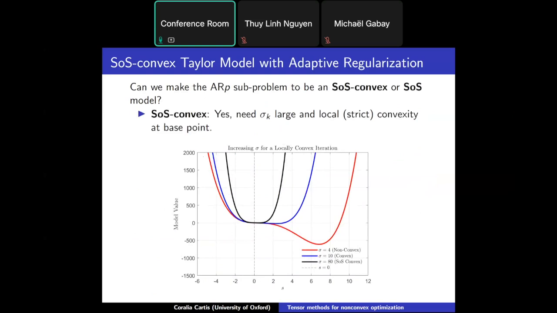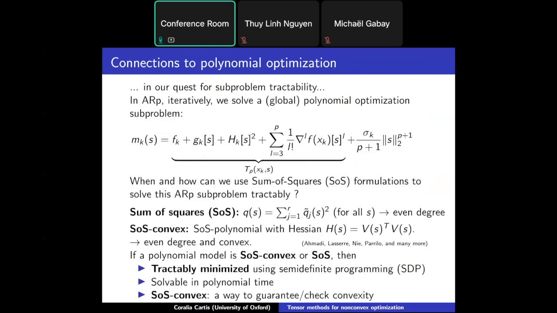These are quite special polynomials, and the gap is quite fine because also Ahmadi showed that if you had a quadratic polynomial that was not convex, and you don't have the two norm here, but you have s1 to the 4 plus s2 to the 4, it's not SOS. So it's not SOS convex. So the gap is very fine.